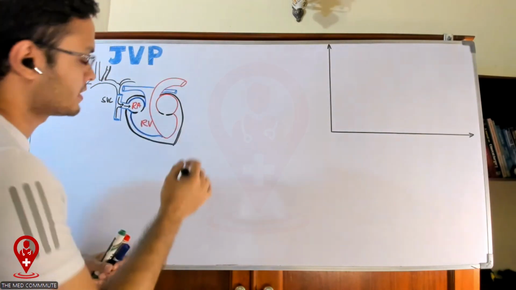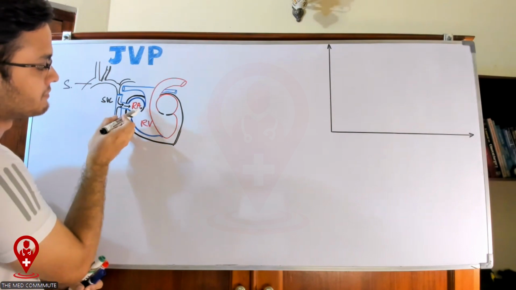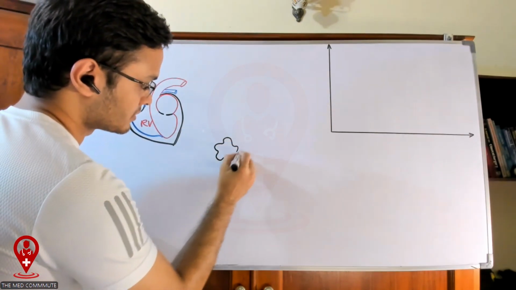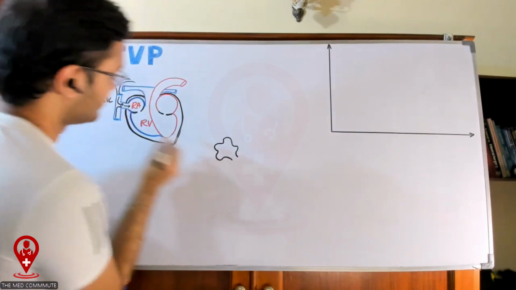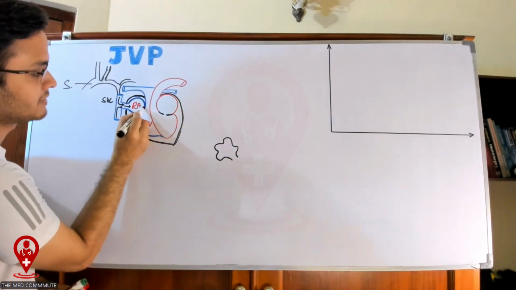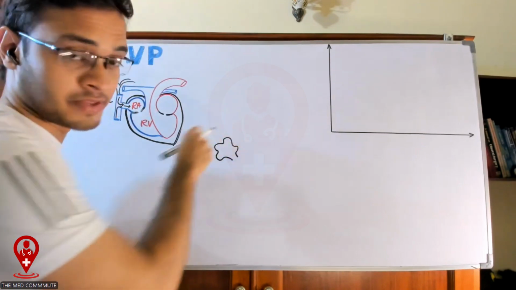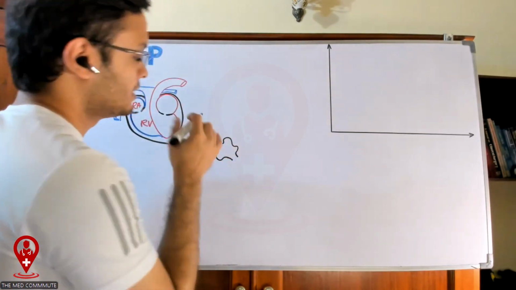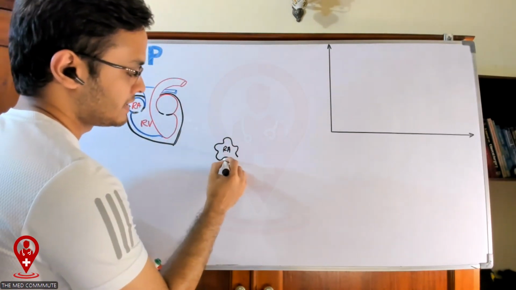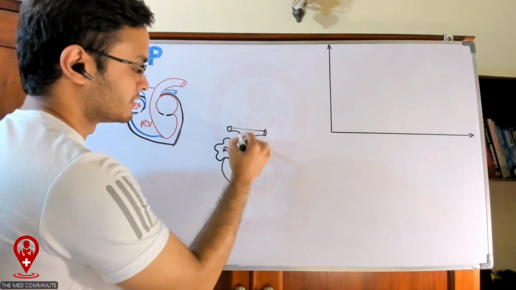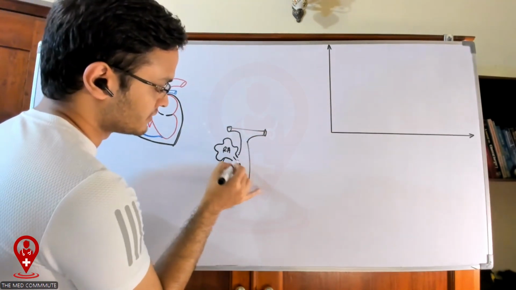So initially, guys, what are we going to have? We are going to have the right atrium contracting. This is the tricuspid valve, and the tricuspid valve is going to be open during the contraction, during the systole of the right atrium. And here, the right ventricle is going to start receiving all this blood.